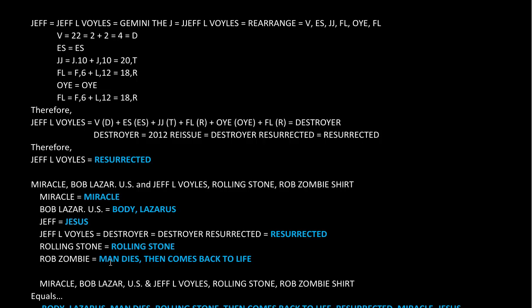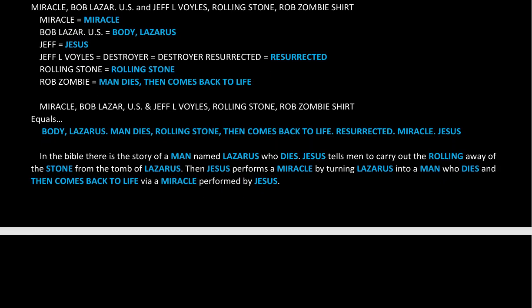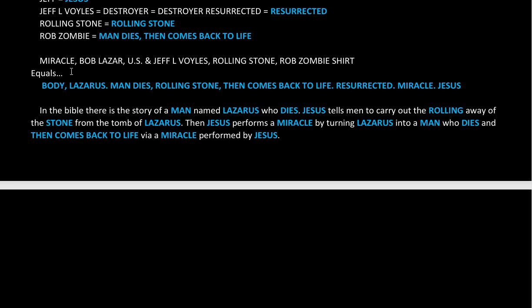And from Rob Zombie, we get Man Dies, then comes back to life. So what do we get from all this? We get Miracle, Bob talking about Bob Lazar working for the U.S. while sitting beside Jeff L. Voiles, who was wearing a Rolling Stone shirt with Rob Zombie on it. All translates to Body of Lazarus, Man Dies, Rolling Stone, then comes back to life, Resurrected, Miracle, Jesus.